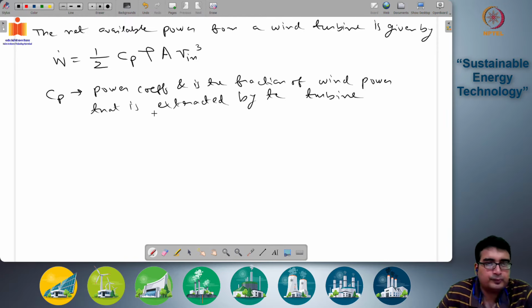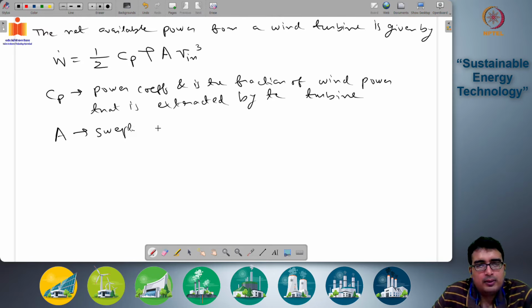Okay, and A is the swept area of the blades.